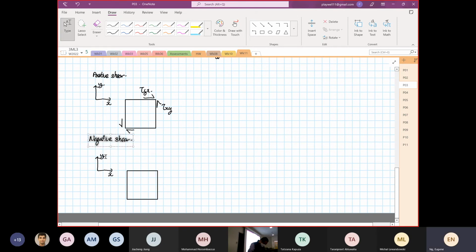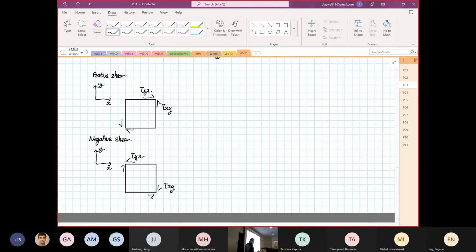And negative shear looks like this. You can see the difference, right? Later on I'll tell you why this is positive and why that is negative, but I want you to look at the deformation pattern.